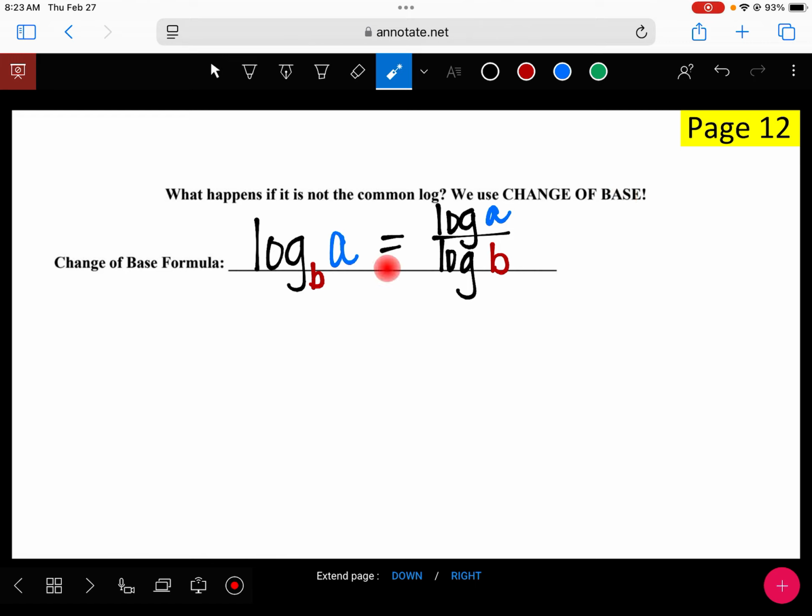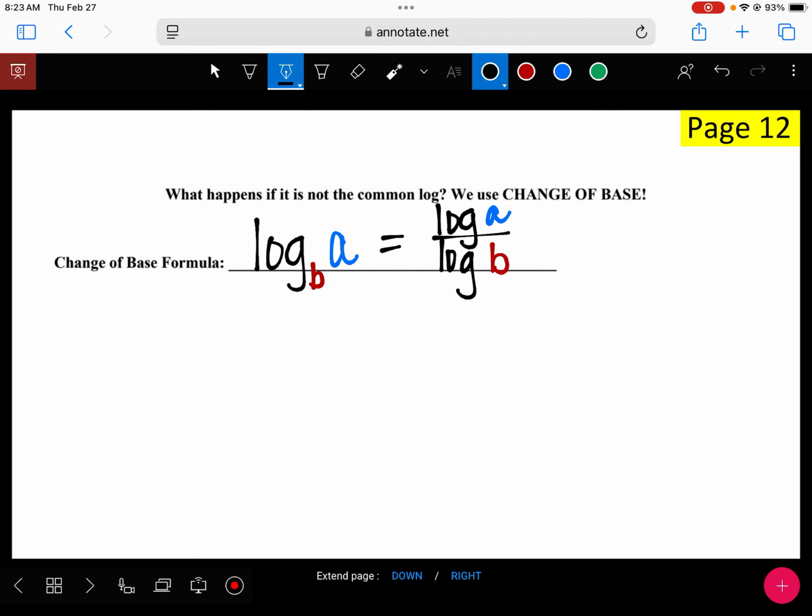And the way we do that is by dividing the log of our big number by the log of our base. So big number, I should say, not big answer. Because this is in that log, remember that the A is the answer.